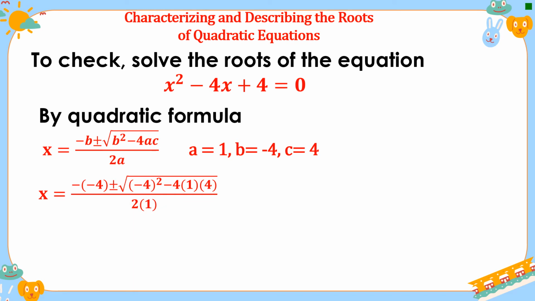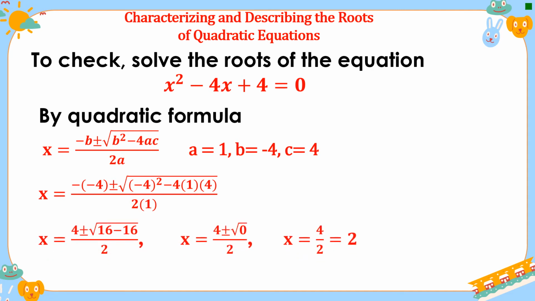Then, simplify. We have negative times negative 4, which is positive 4, plus minus square root of negative 4 squared, which is equal to 16, minus 4 times 1 times 4, which is equal to 16, over 2.